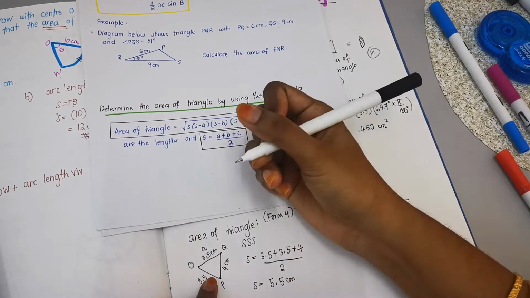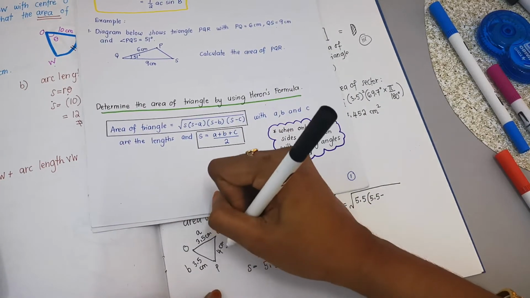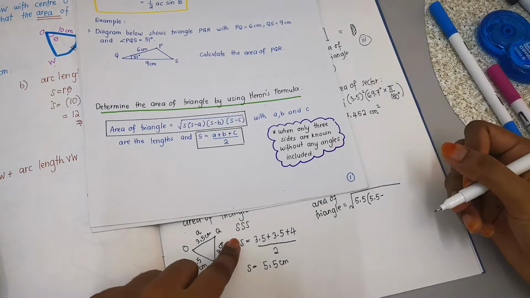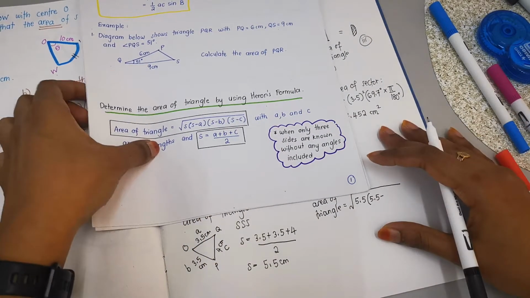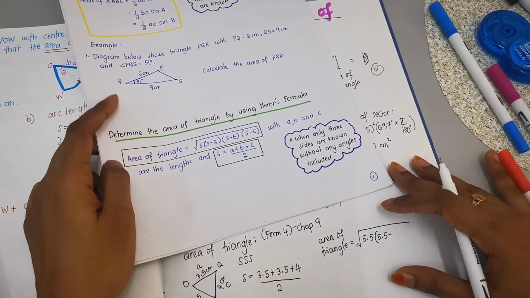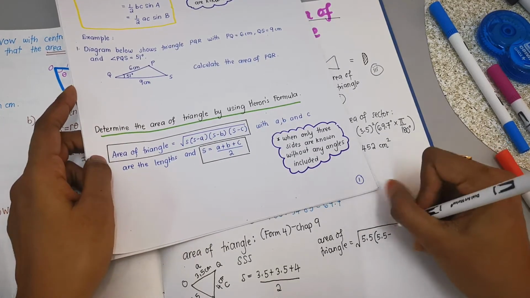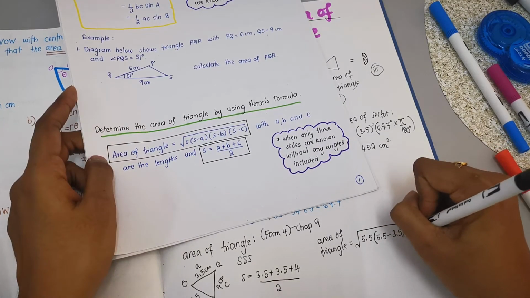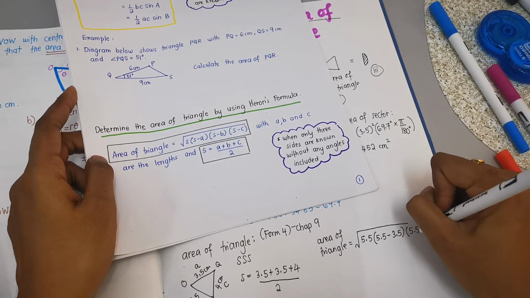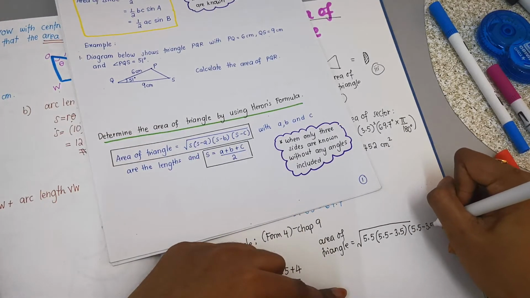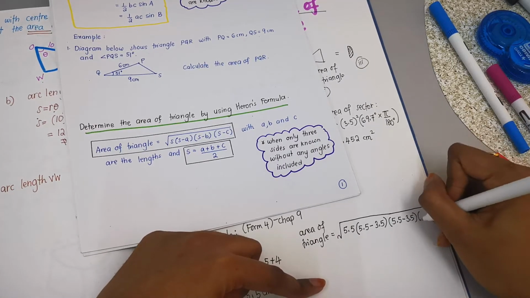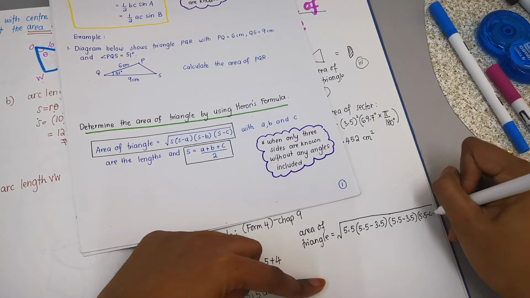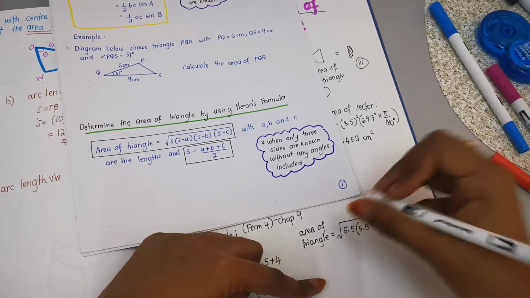This is A, this is B, this is C. It can be anything, you can do it in reverse also, no problem, as long as you identify A, B, C. So we use Heron's formula here: 5.5 minus 3.5, then 5.5 minus 3.5 again, then 5.5 minus 4.5.